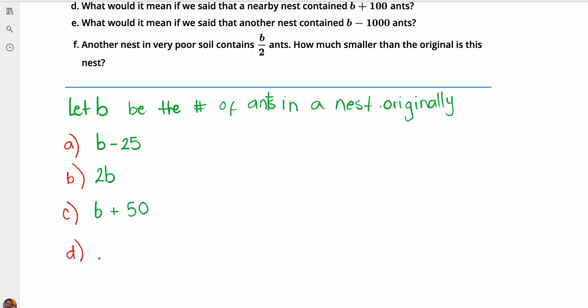So it means that the nearby nest has 100 more ants.